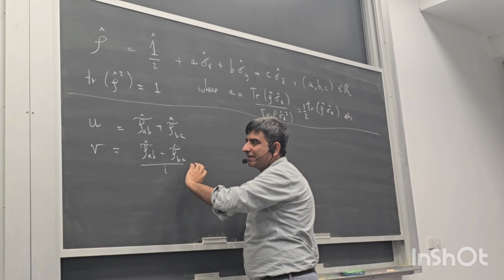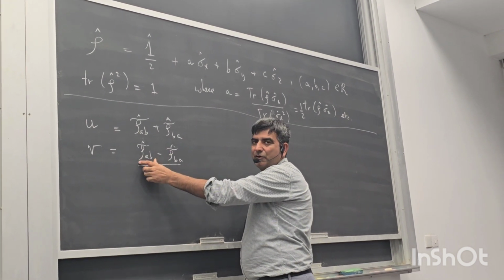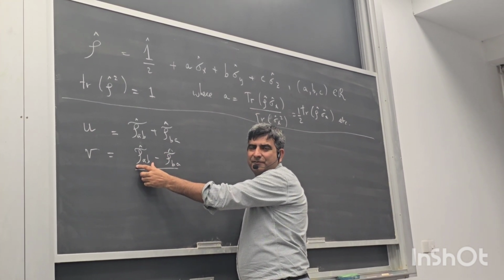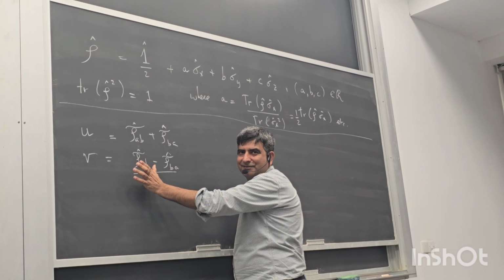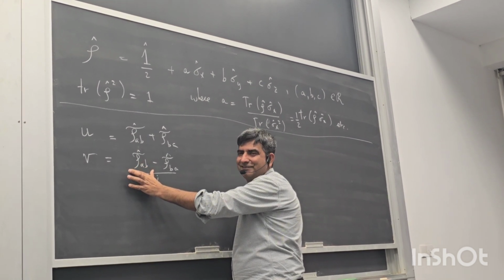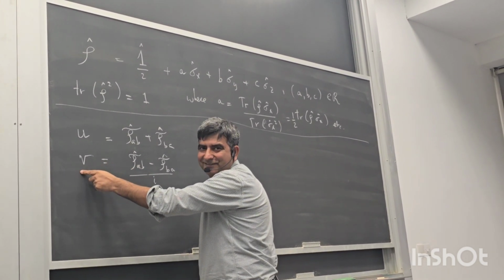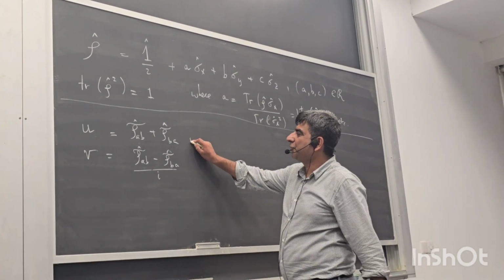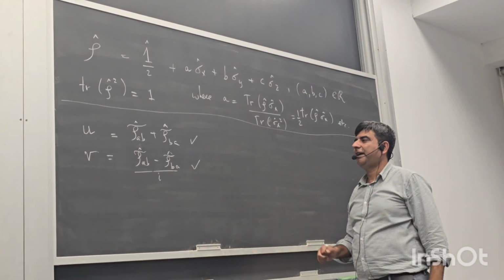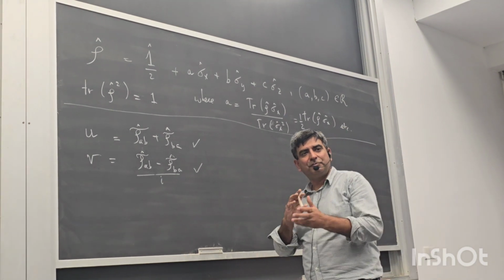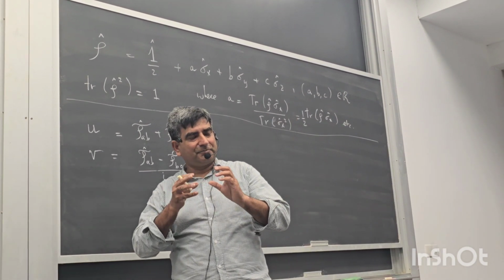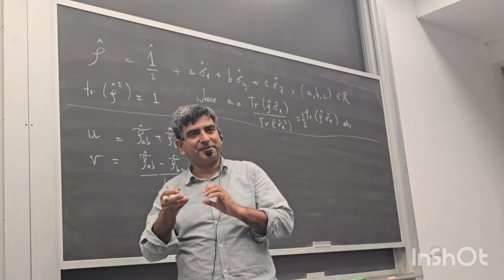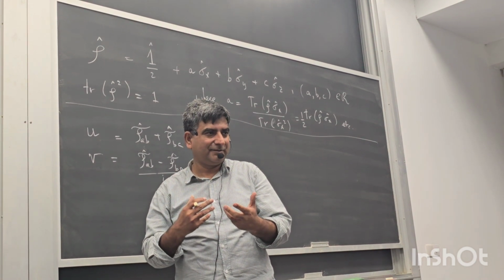So this v is just the imaginary part of rho AB with a factor of 2 perhaps. So v itself is real. I define these two new variables and they convert the two coherences, which are complex numbers, into 2 real numbers.